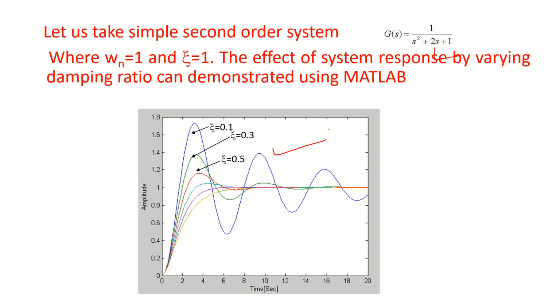In control systems, I said it should meet three requirements: stability, relative stability, and accuracy. What I discussed now is the response, that is more about relative stability. In the next topic, we'll talk about how to determine system stability.